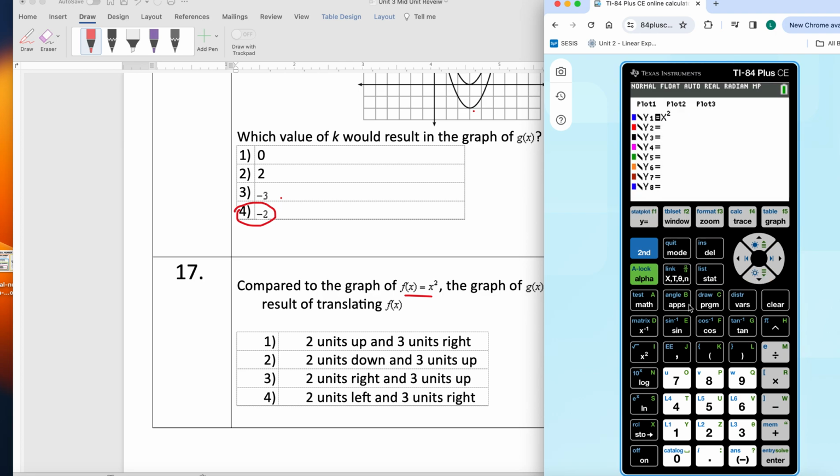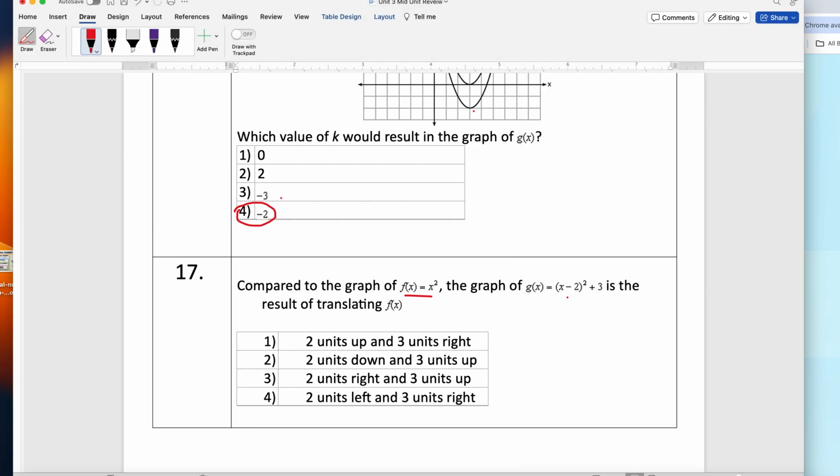So our g of x is saying, I'm just going to copy it, x minus 2 squared plus 3. Now, I know from our work that when it's in the parentheses, it means it moved the function left or right.